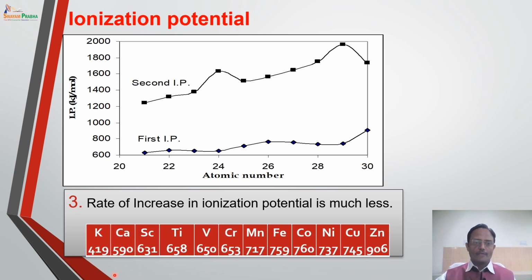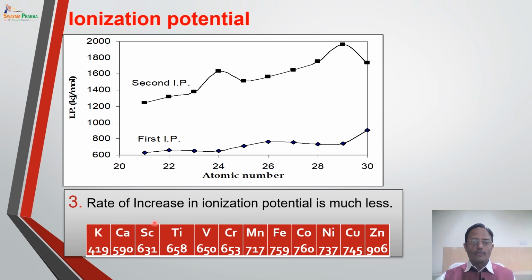See the values of ionization potentials in kilojoule per mole for potassium, calcium, scandium, titanium up to zinc. When you go from potassium to calcium, see the increase in ionization potential value, 419 to 590, an increase of about 171 kilojoule in a single atomic number.